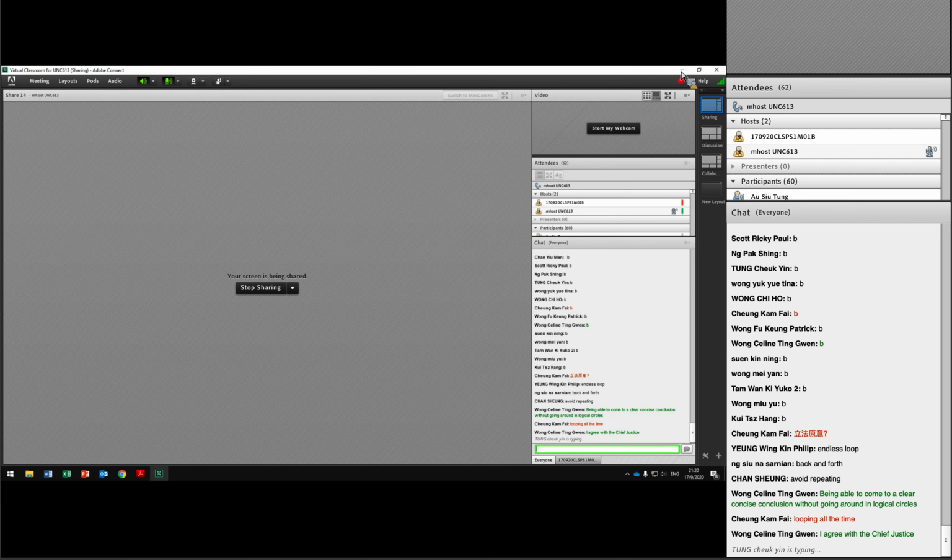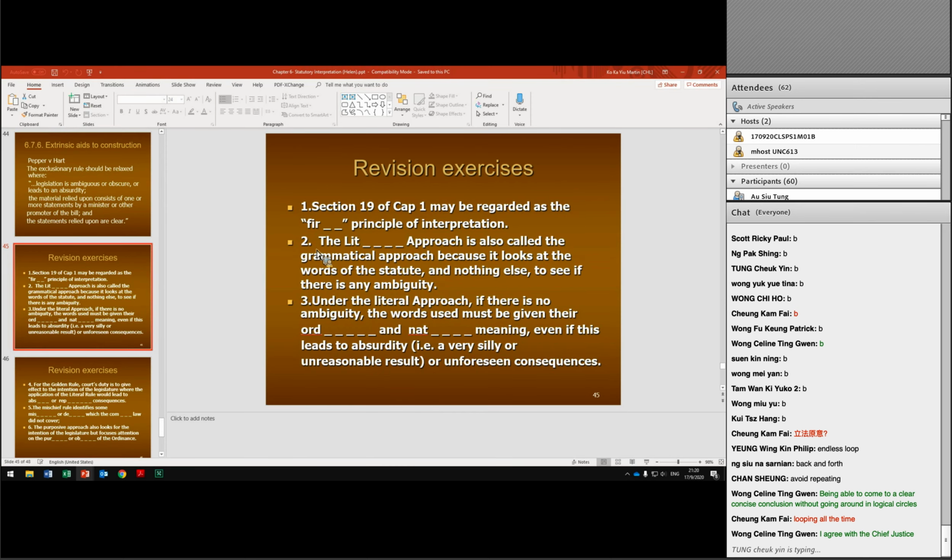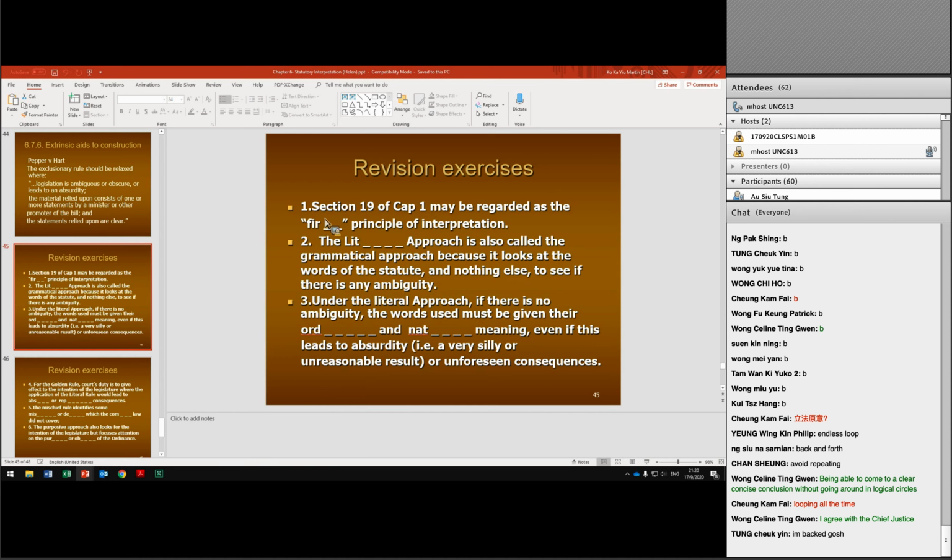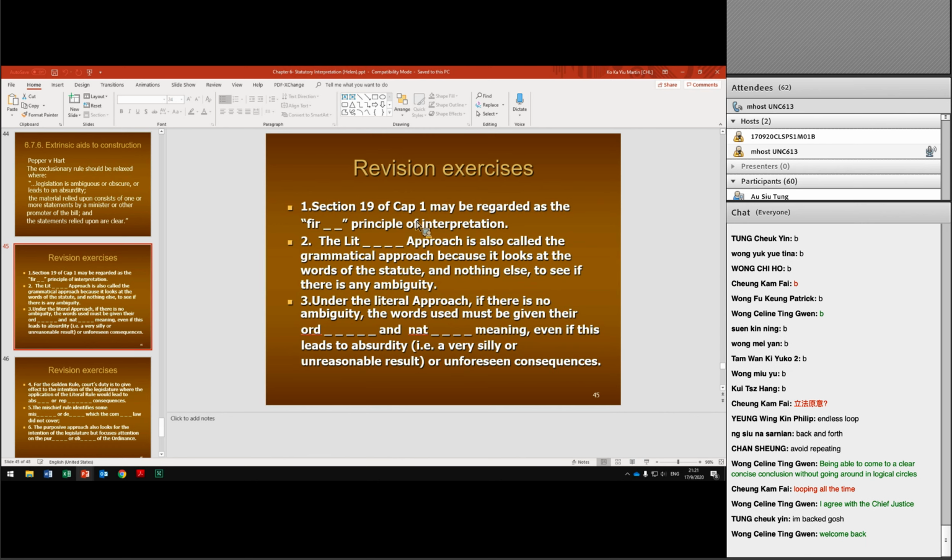So now we can go through the answer. Question 1, Section 19 of Cap 1, Interpretation and General Clauses Ordinance. It may be regarded as the first principle of interpretation.